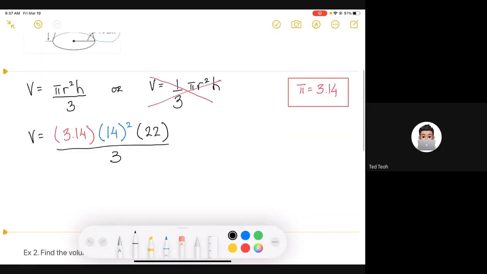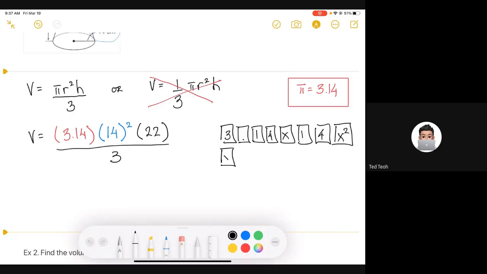If you're using your calculator, this is what you're going to type in: 3.14 times 14 squared. The squared button should be like an x squared button on your calculator. Times 22. Then to do the over 3, you're just going to press the divide button, divided by 3, equals.